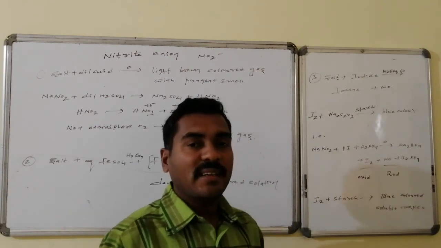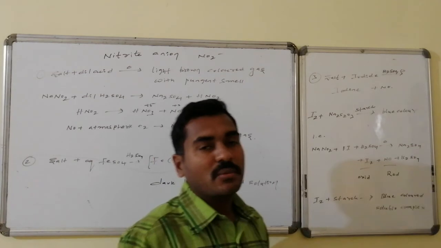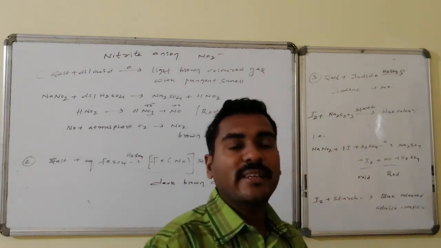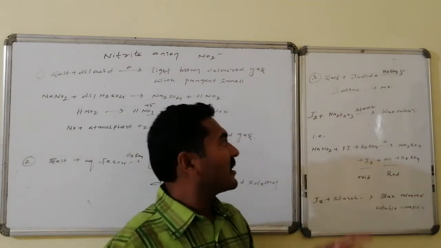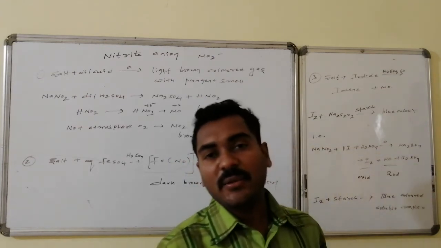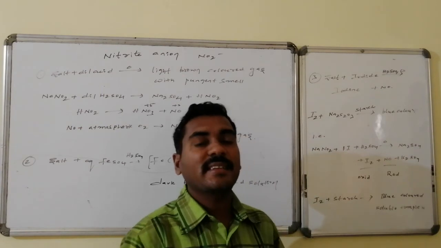The next one is salt plus iodide followed by sulfuric acid under heating conditions; that salt is converted to nitric oxide, whereas in that process oxidation takes place, the iodides being converted to iodine. This iodine on reaction with sodium thiosulfate, by using starch as indicator, gives a blue colored soluble complex, indicating the presence of an oxidizing agent.